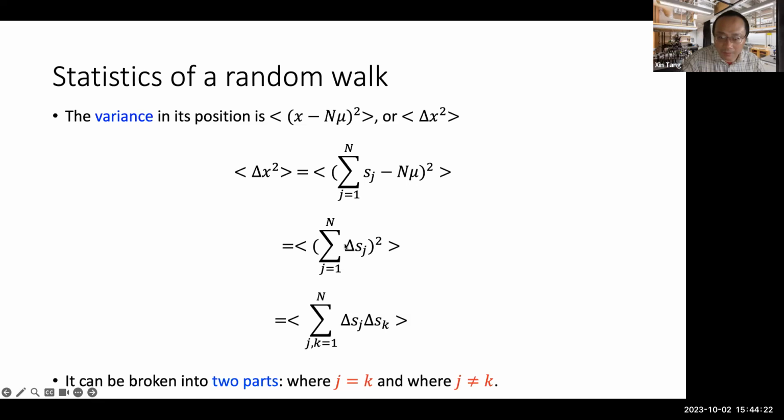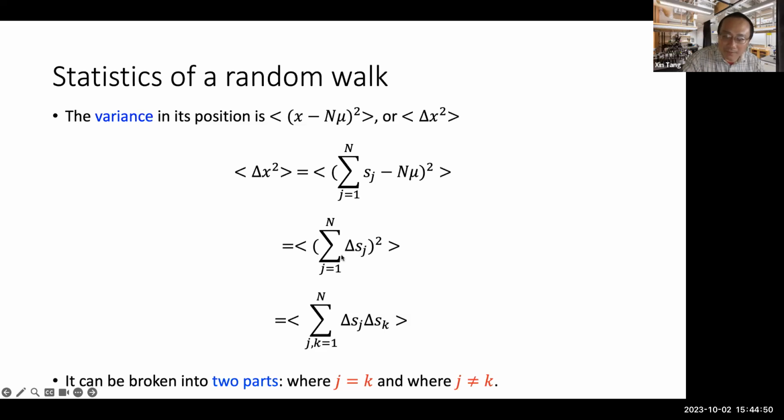One term, but it has many summations now. One term, but it has a square. That means two summations of delta s multiplied together. Each one contains the n delta sj, right? Then we multiply them together. So two of them multiply together. Then you can have delta sj multiplied with delta sk, k also from 1 to n, j also 1 to n.